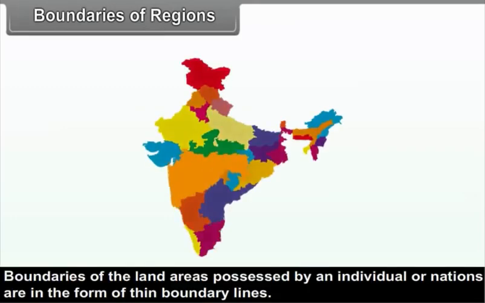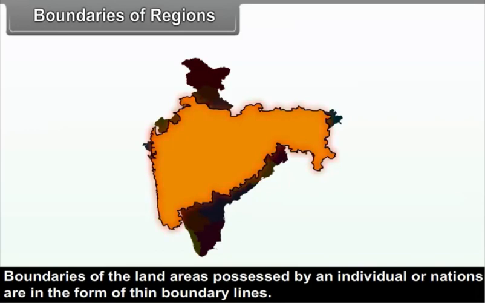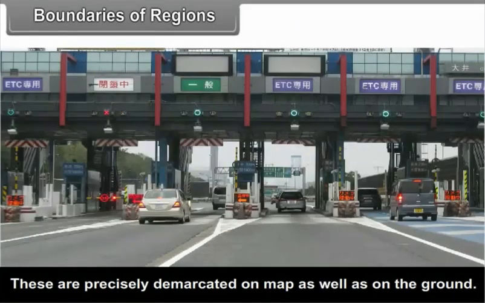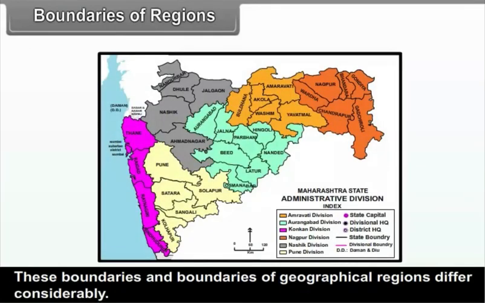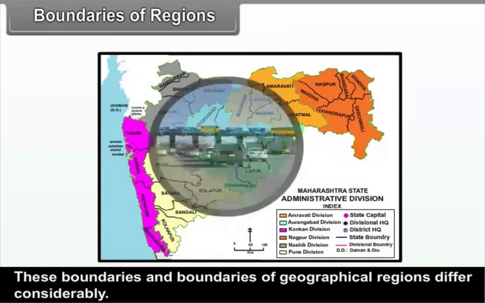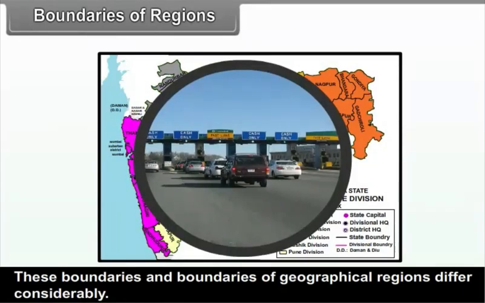Boundaries of regions. Boundaries of the land areas possessed by an individual or nations are in the form of thin boundary lines. These are precisely demarcated on map as well as on the ground. These boundaries and boundaries of geographical regions differ considerably.